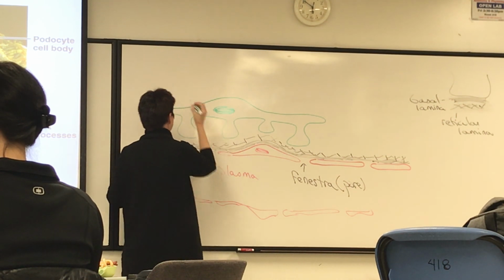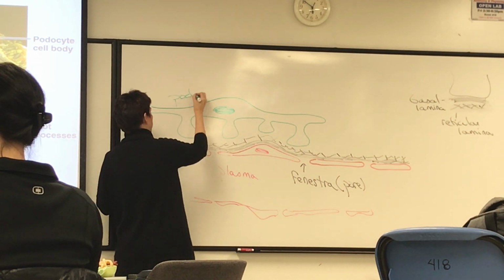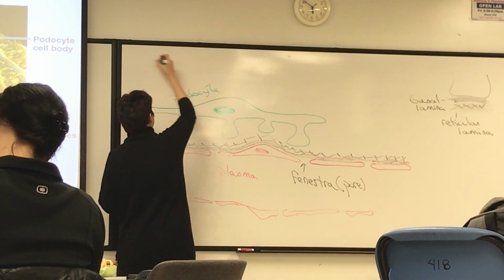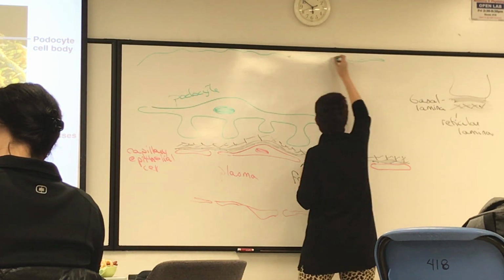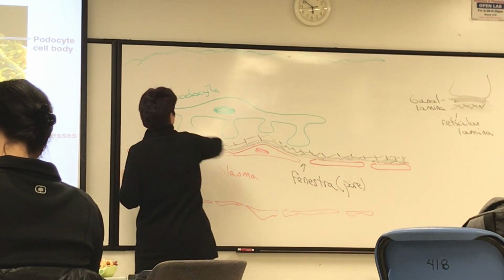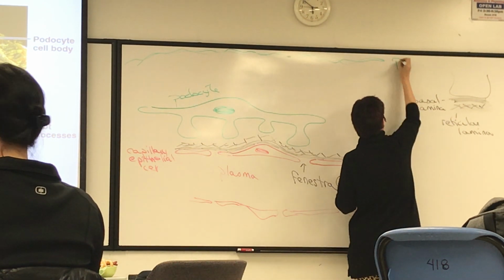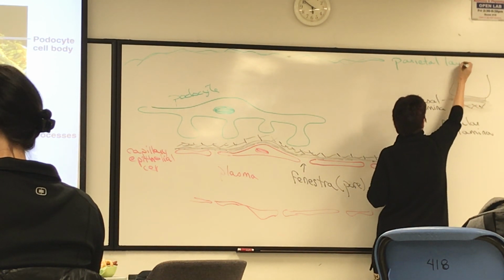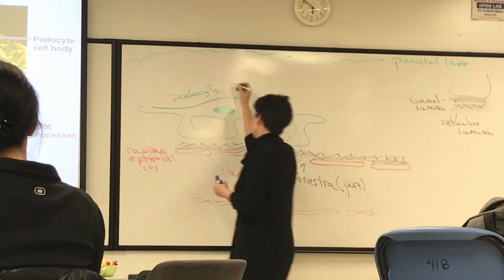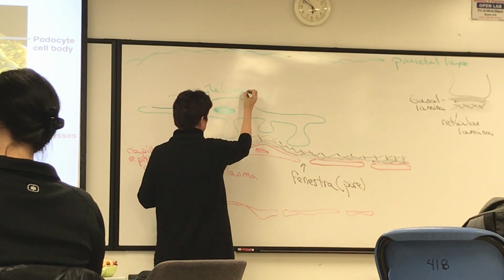Well, pedicels. And then the whole cell is known as the podocyte. And then up here, we would have the parietal layer of the capsule. Podocyte is part of the visceral layer.